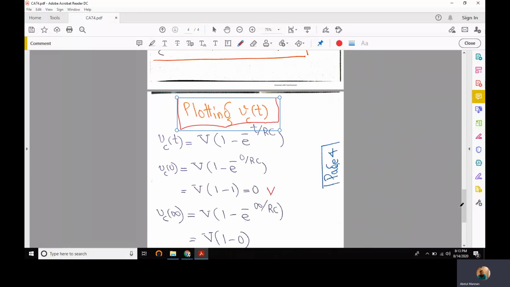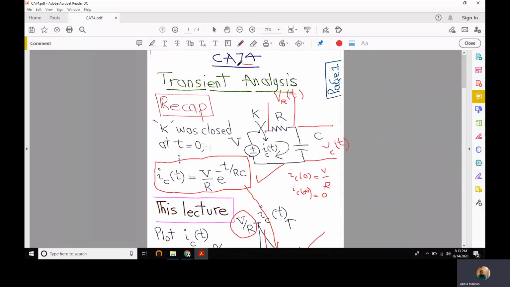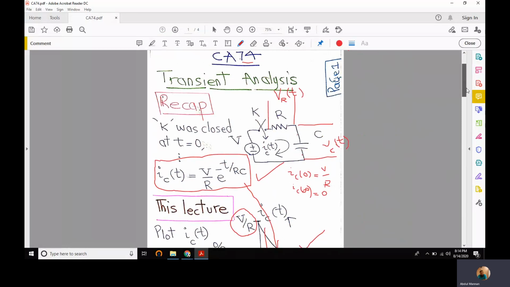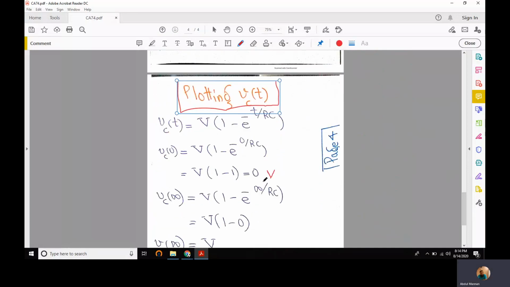This is what we studied in the last lecture, that the initial value of Vc, the voltage drop across the capacitor, is 0. It acts like a short circuit at time t is equal to 0. If it is a short circuit, the voltage drop across it at time t is equal to 0 should be 0, and it is. Now we have proved it mathematically that at time t is equal to 0, the voltage drop across the capacitor is 0.